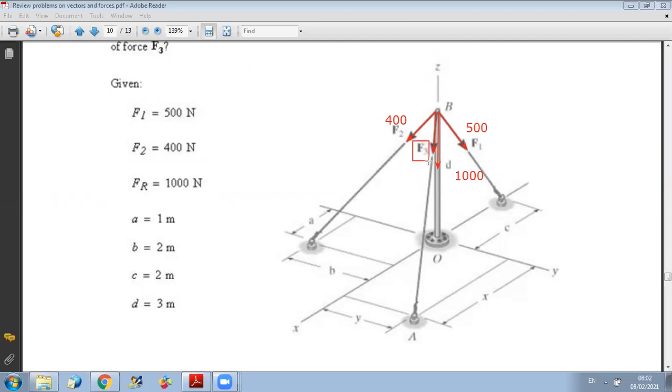Now, concerning the different points here, we know the coordinates through A, B, C, D, but for point A, we have two unknowns.